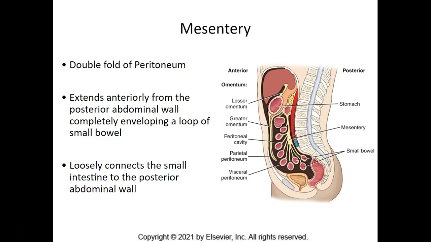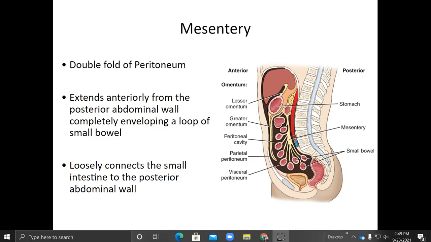Our next word that we're going to define is mesentery. I'm going to point out all of these terms that I'm discussing on the diagram, but let's learn the terms first. Mesentery is a double fold of peritoneum that extends anteriorly from the posterior abdominal wall to completely envelop a loop of small bowel.